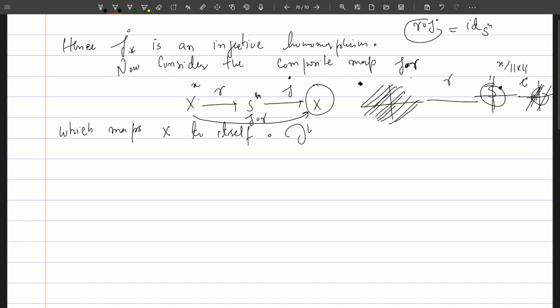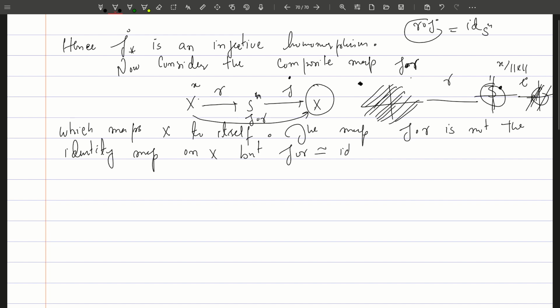So J composite R is not the identity map on X, but J composite R is homotopic to the identity on X.